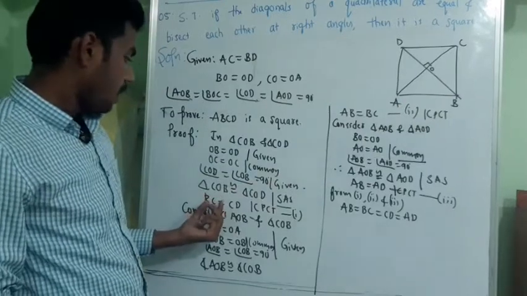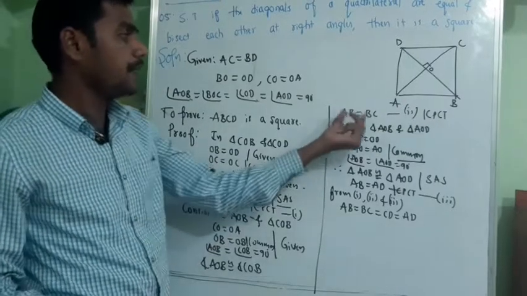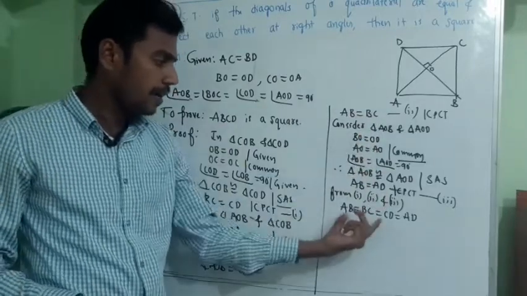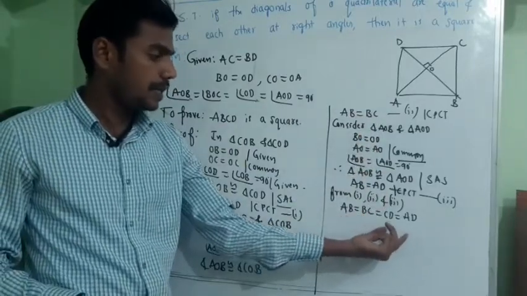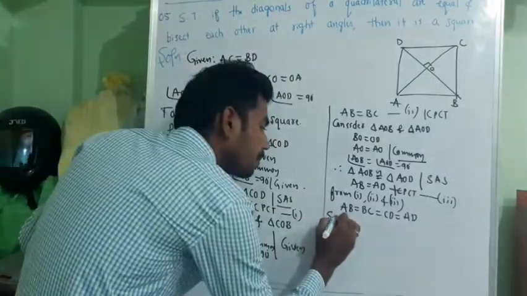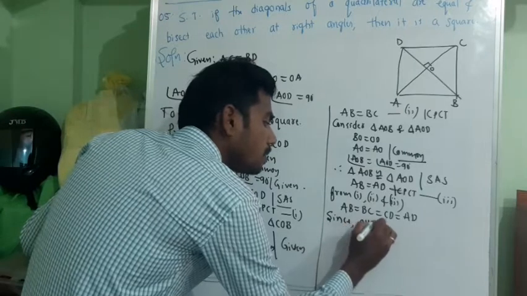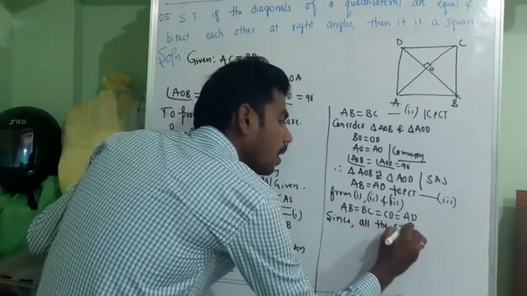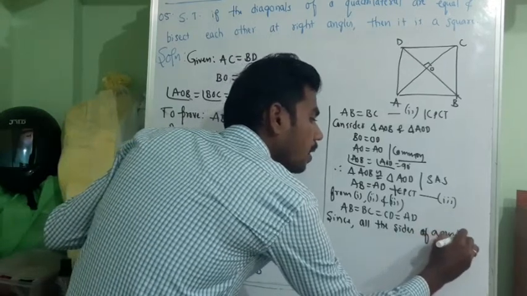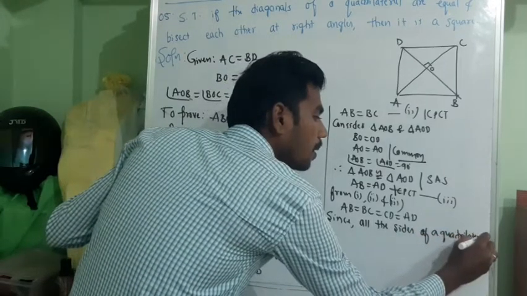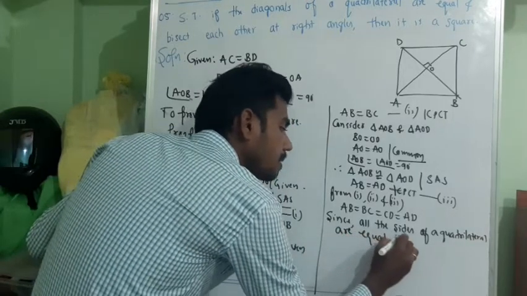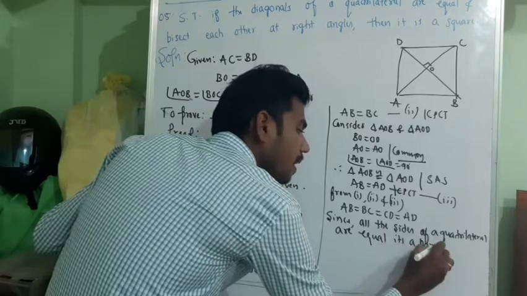From the first we can call BC is equal to CD, AB is equal to BC and AB is equal to AD. From these three, what we can write? AB is equal to BC, BC is equal to CD, CD is equal to AD. Since all the sides of a quadrilateral are equal, it's a parallelogram basically.